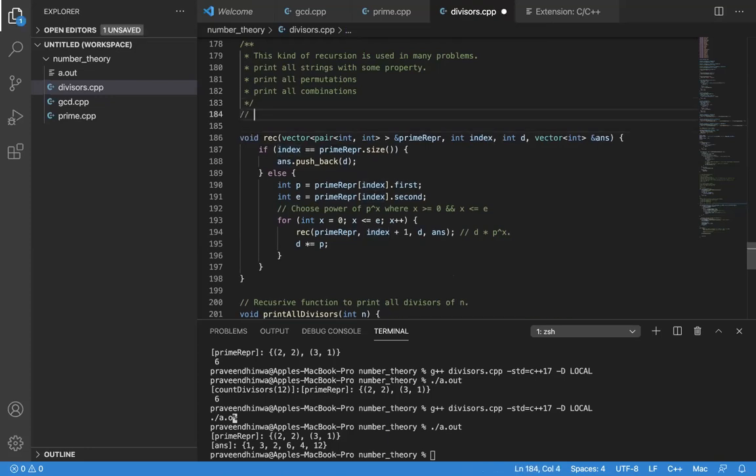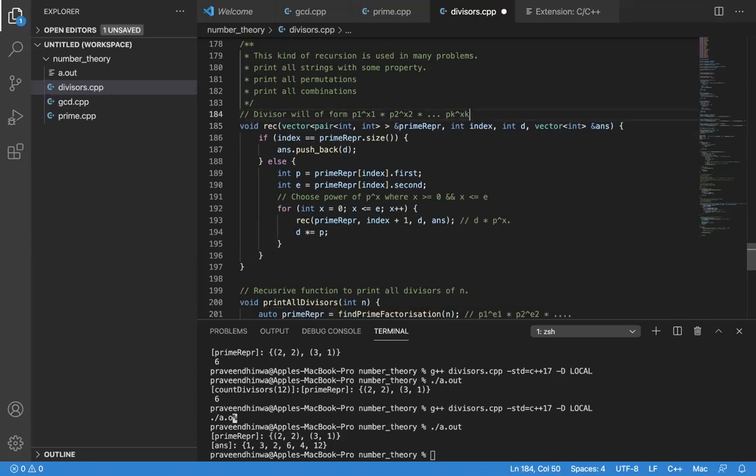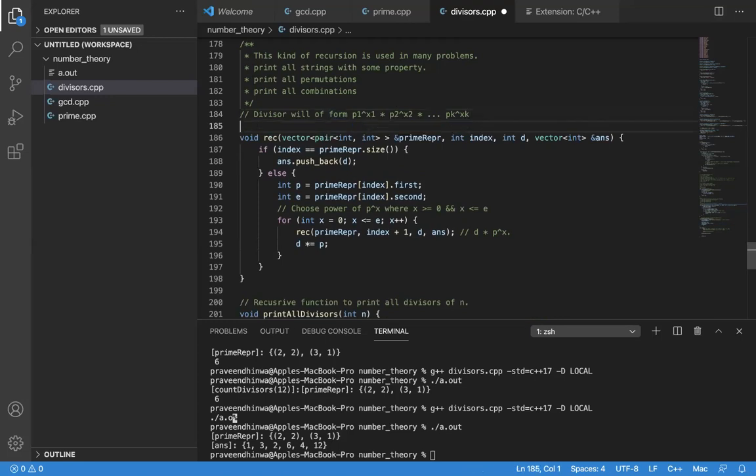So what this recursion is doing: you can see that my divisor will be of the form p1 power x1 times p2 power x2 times, let's say there are only k primes, pk power xk. Is it clear that your divisor will be of this form? Fine. In the first iteration, when index equals 0, I am choosing x1 from 0 to e1.